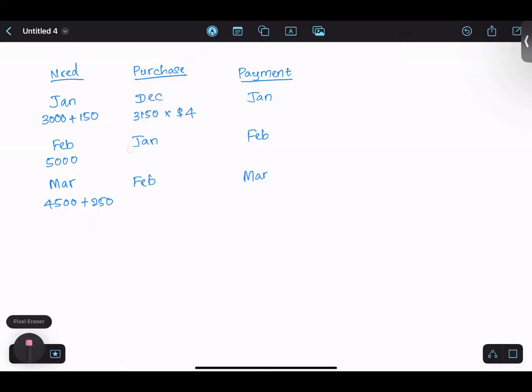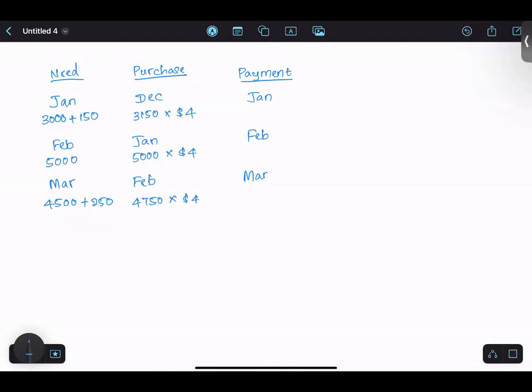For the month of January, 5,000 helmets, purchase price is $4. For the month of February, you will purchase 4,750 helmets, $4 per helmet.